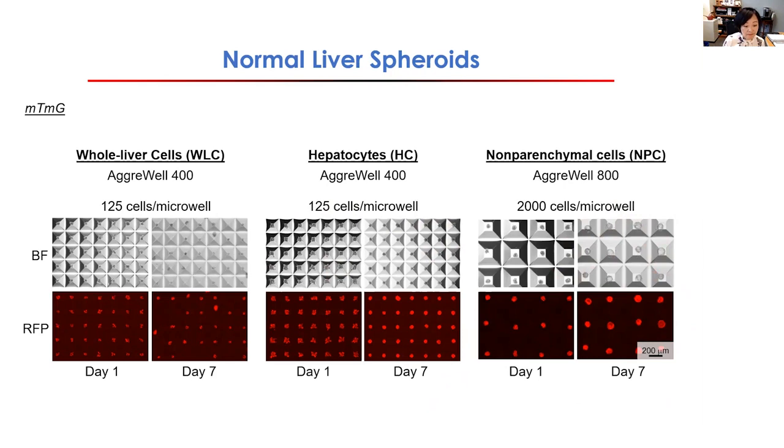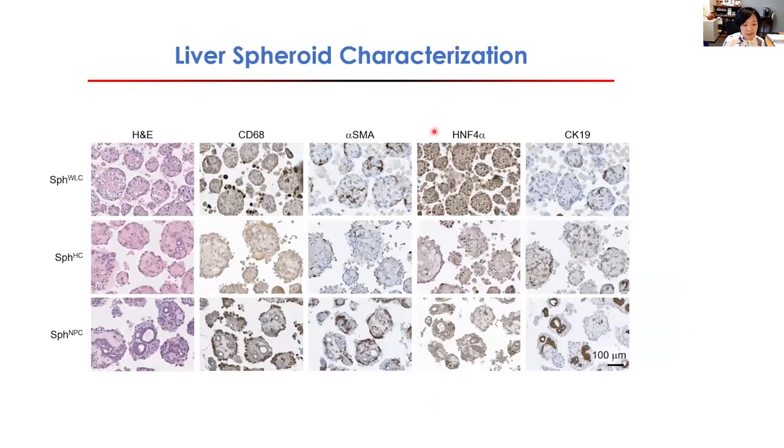Then we did basic IHC histological characterization of the spheroids that we generated, using different markers for different cell lineages of the liver, such as Kupffer cells, stellate cells, hepatocytes, and cholangiocytes. They all express these markers as we expect.